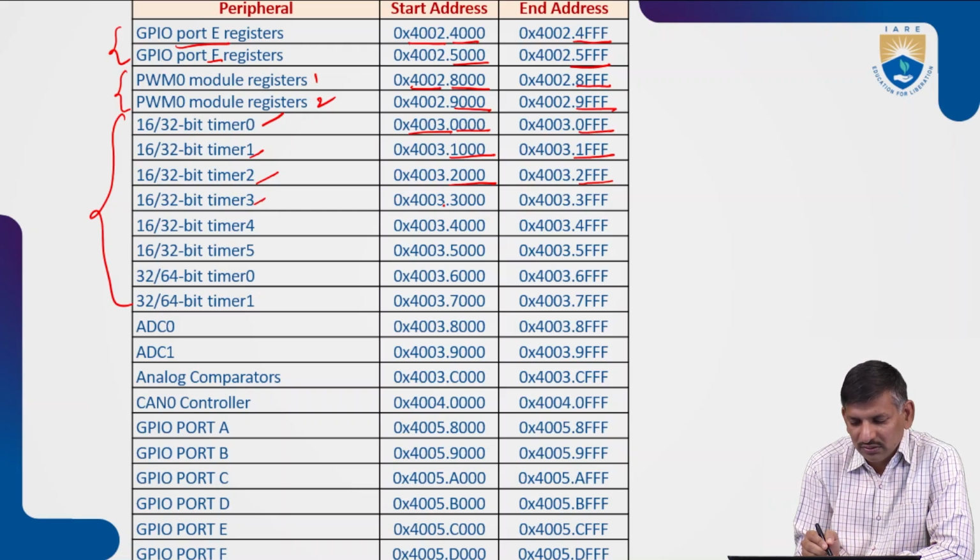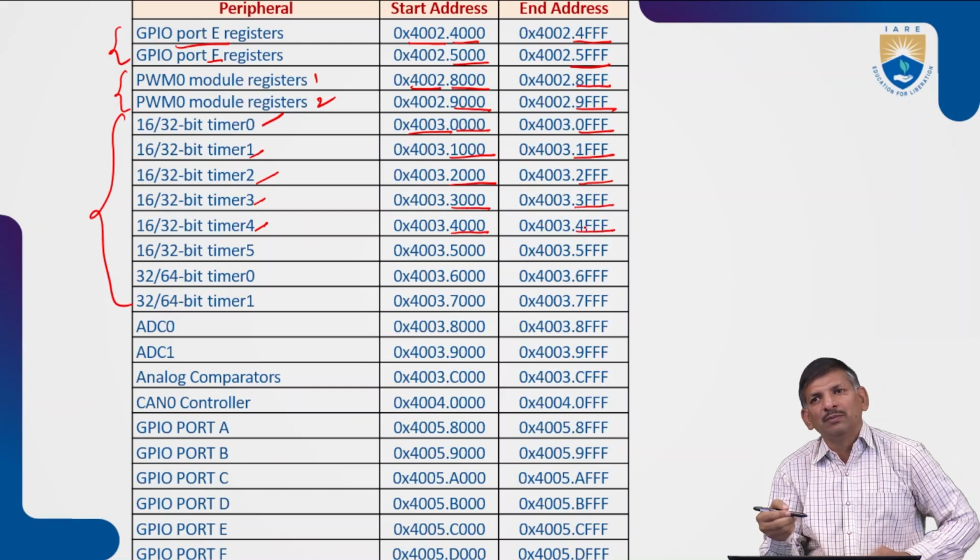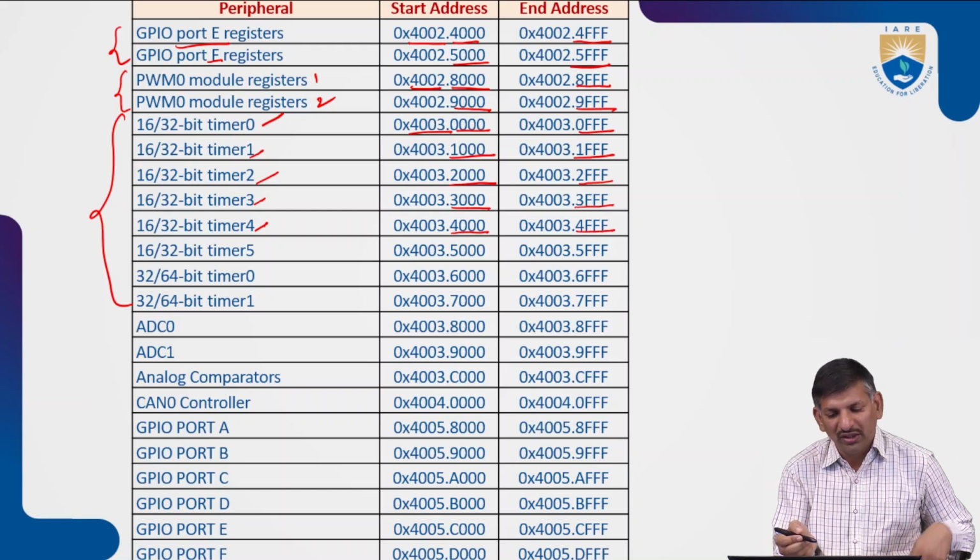Timer 3, 4003 series, 3000 to 3FFF. Timer 4, 4003 series, 4000 to 4FFF. Like this, we are adding plus 4 kilobytes to the previous memory location.